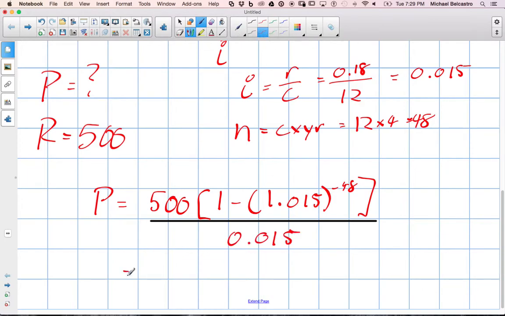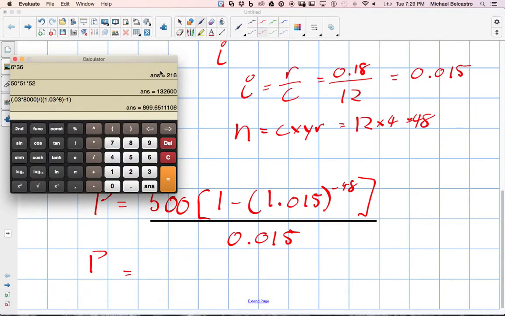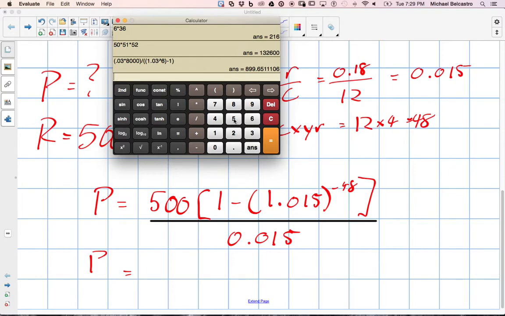So you put this all into a calculator, and I'll do it along with us. It can all be put in one step here. Let's see, 500 times bracket, 1 subtract bracket 1.015 to the power of negative 48.